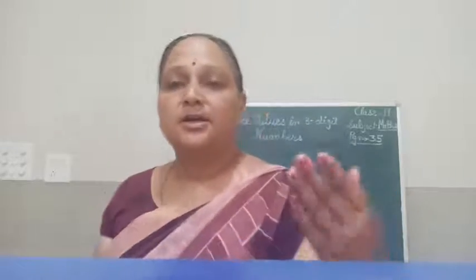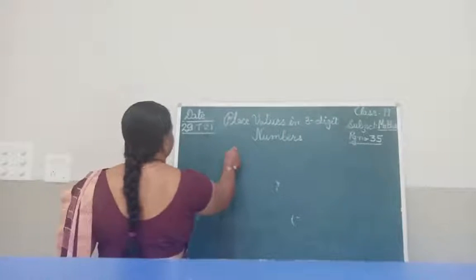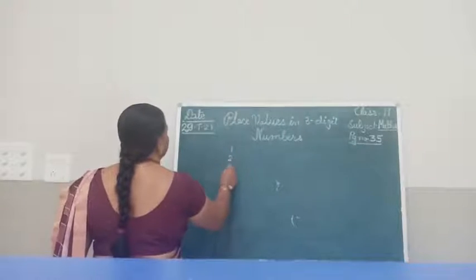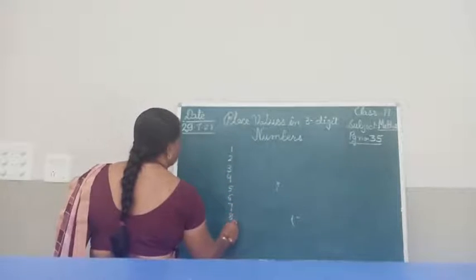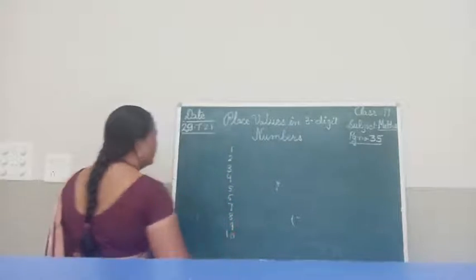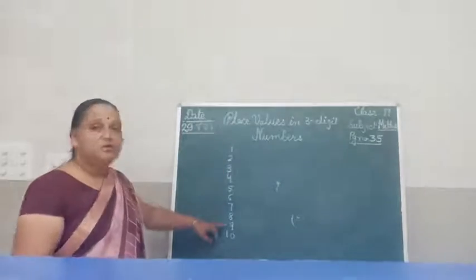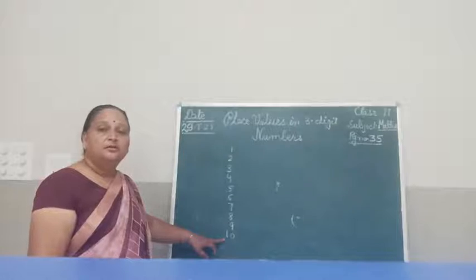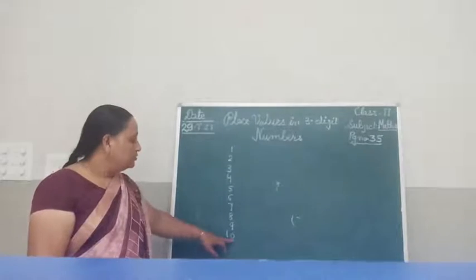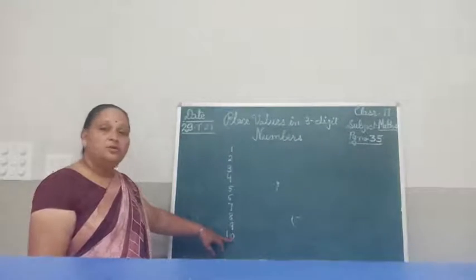What are the single-digit number, 2-digit number or the 3-digit number? We start the counting with 1, 2, 3, 4, 5, 6, 7, 8, 9 and 10. Here 1 to 9 there is only one digit, and from 10 the digit starts into 2. 1, 0, 10.